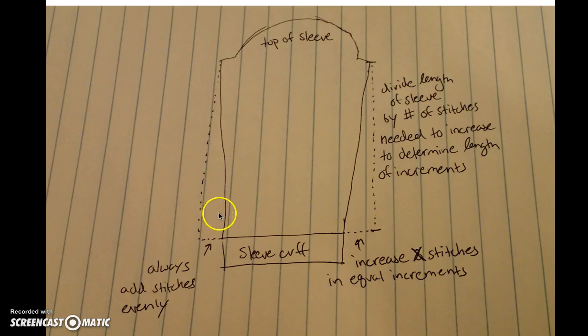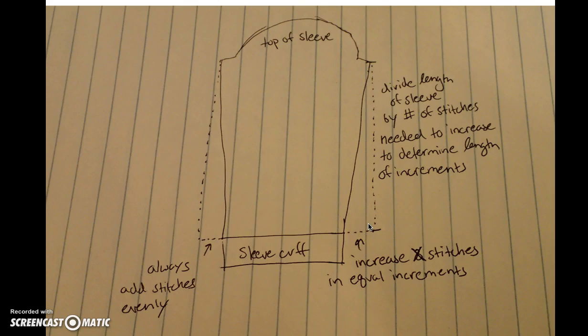And you always want to do increases equally on each side. That'll just make your sleeve uniform and symmetrical down the middle. So this is just a basic example of how you calculate increases to get a wider width at the top of your sleeve than you would starting here.